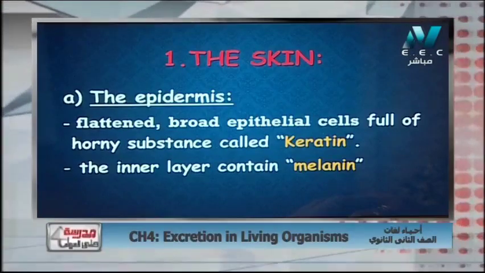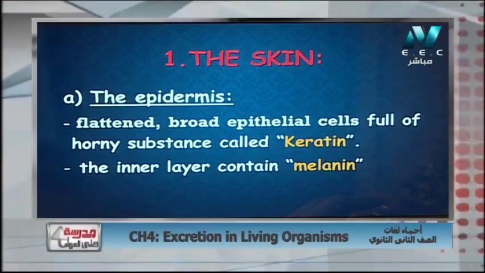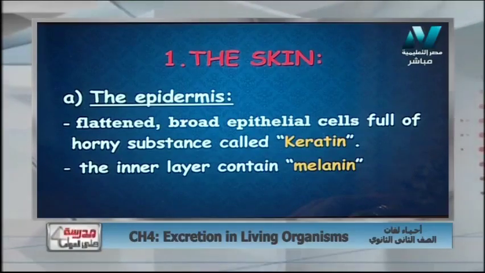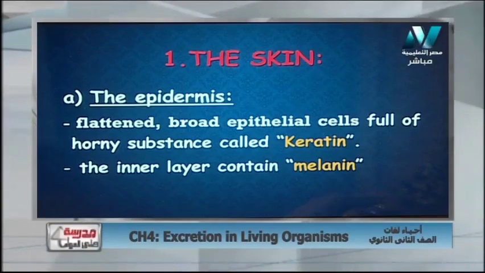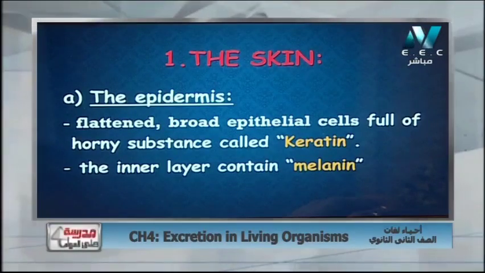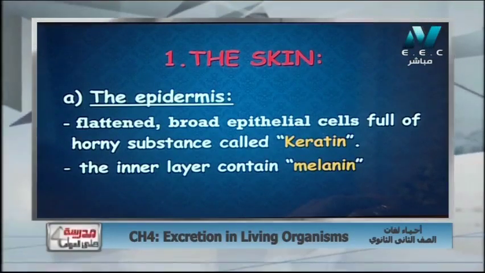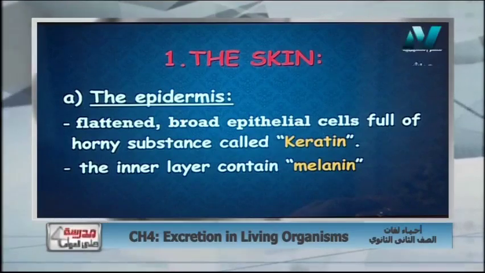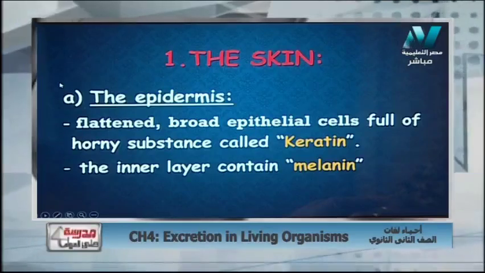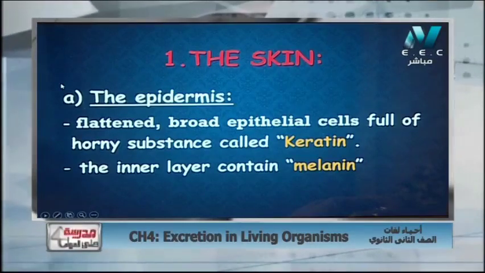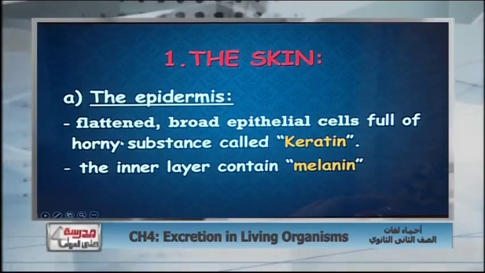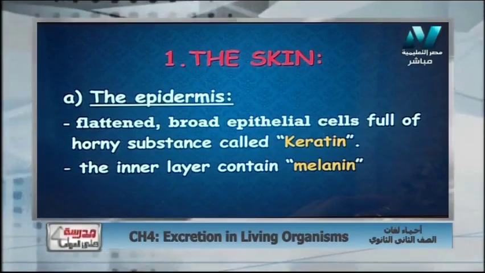So the epidermis is the outer layer of the skin, which is in contact with the surrounding medium. And it is composed of flattened, broad epithelial cells full of horny substances like keratin. And the upper layer of the epidermis is composed of dead cells.